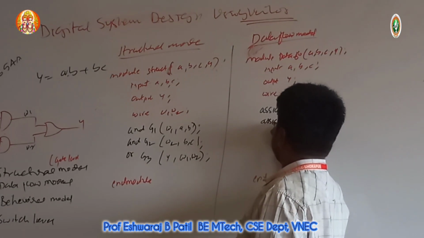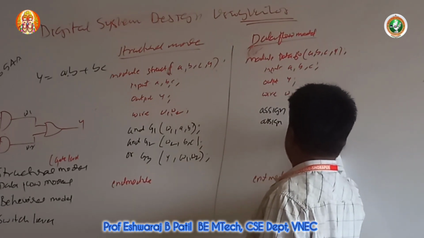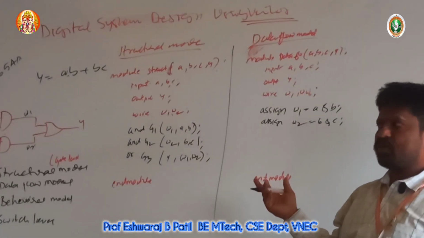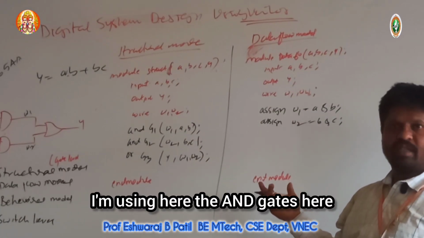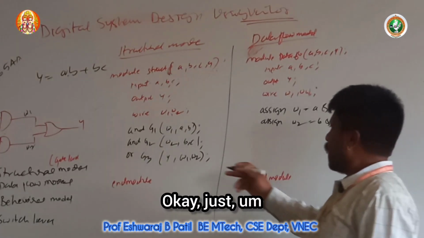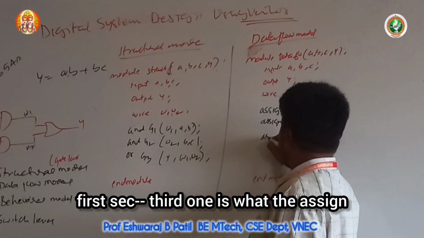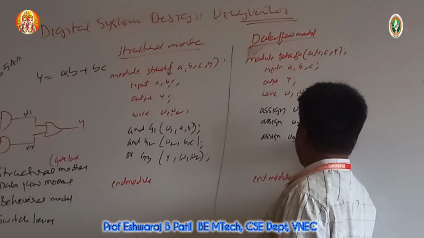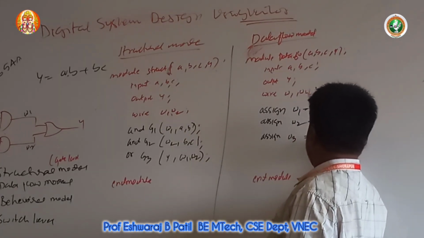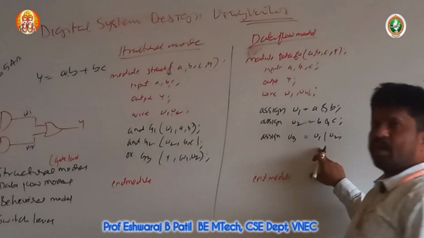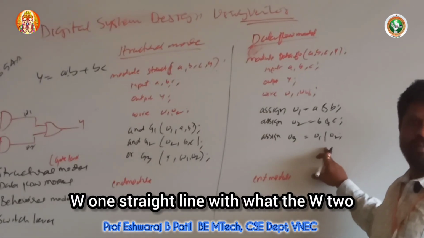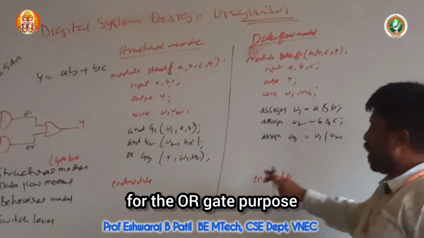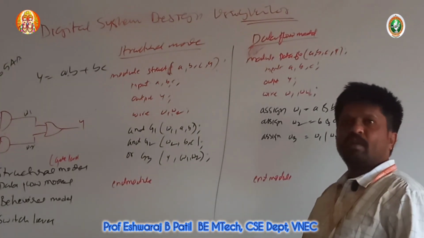Second, assign W2 equals B ampersand C, because I'm using the AND gates here. The third one is assign Y equals W1 straight line W2. The straight line is used for the OR gate purpose.